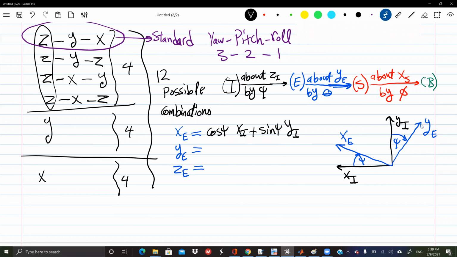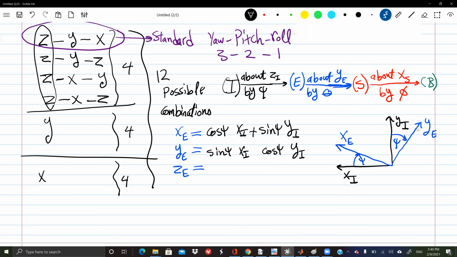So let's do the second, YE. What's its relation with Y inertial? It's cosine. And again, if this one is sine, the other one will be cosine for sure. But you need to adjust your positives and negatives.